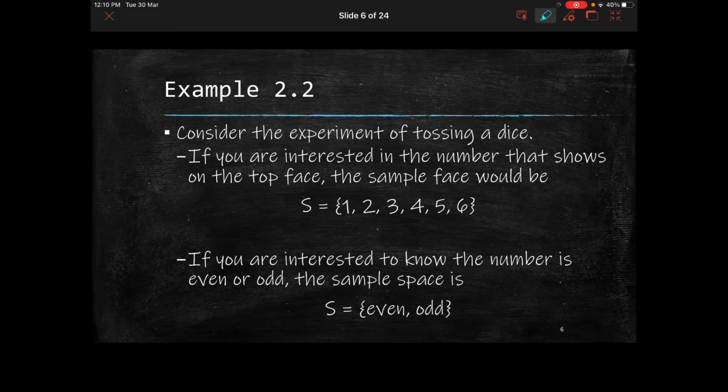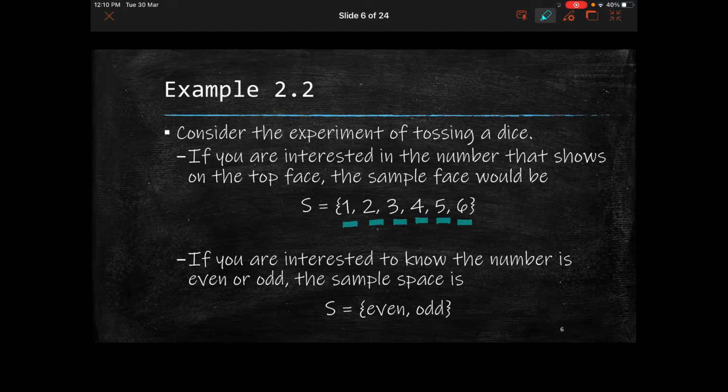Next, we consider the experiment of tossing a dice. The elements of the sample space for the number that shows on the top face are 1, 2, 3, 4, 5 and 6. What are the chances or probabilities we can get 1 or 2 or 3?